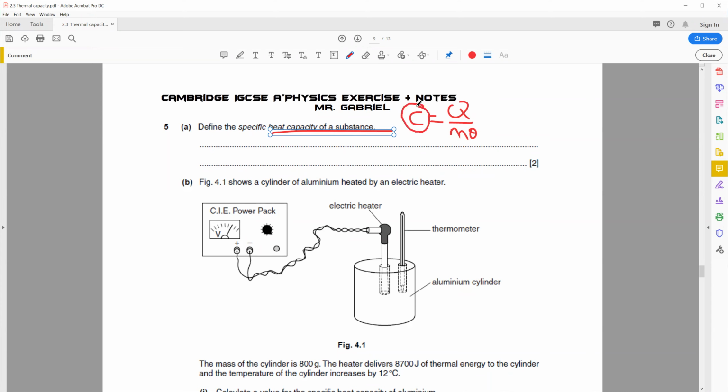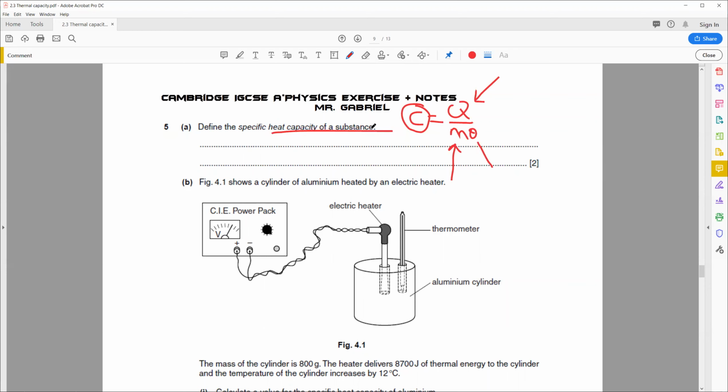Specific heat capacity is defined as the energy needed to change, what is this? 1 kg of a substance, yeah, by 1 degree Celsius.